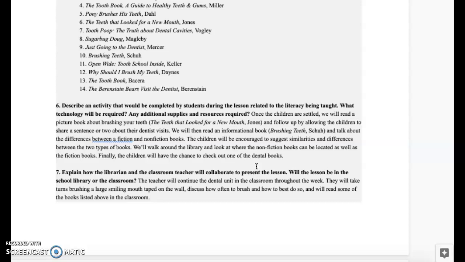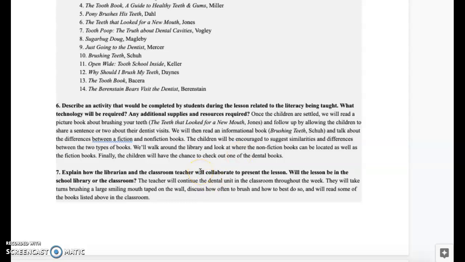And we can use terms that the kindergartners would understand, but help them start getting a broader understanding of the different types of resources in the library. We will then walk around the library and we'll say, well, here are where the picture books can be found. Here are fiction, here is nonfiction, so that they will start understanding the layout of the library. And then finally, the children will have the chance to check out one of the dental books that's been pulled out for them.